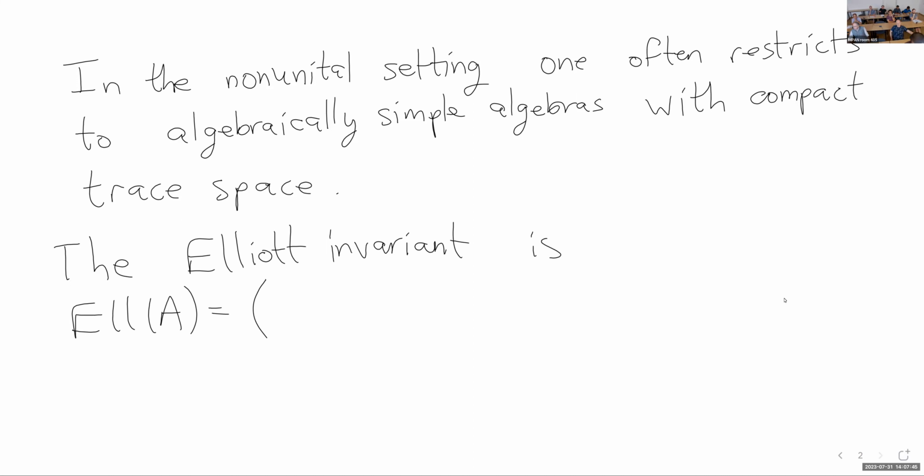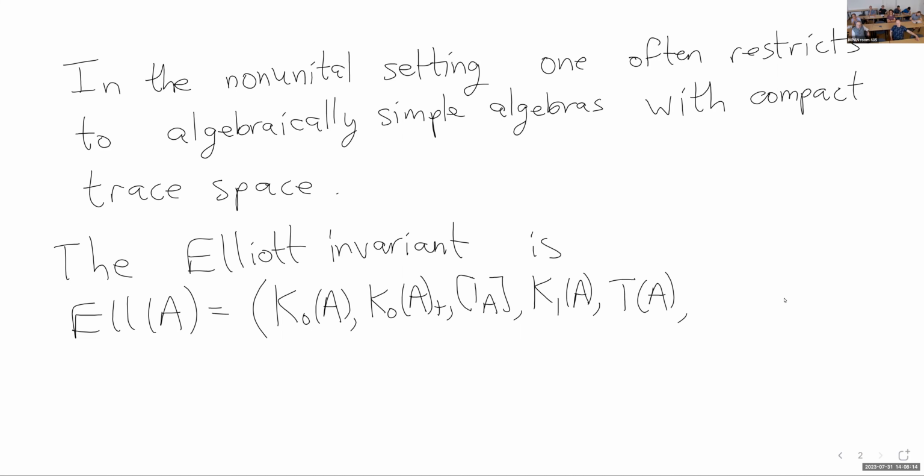So the Elliott invariant consists of the K0 group. And again, I will today, maybe start with it, depending on how things go, and certainly next time I will go through K-theory in some detail. The K0 group, the distinguished cone of positive elements in the K0 group, the class of the unit in the K0 group, the K1 group, the space of tracial states, and a pairing map between K0 and affine functionals on the trace space.